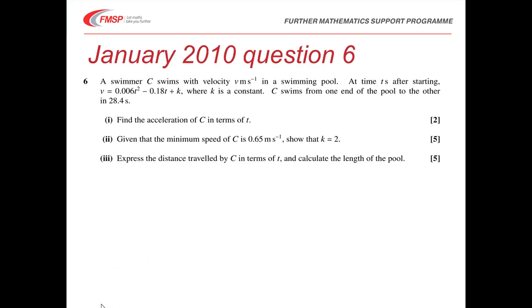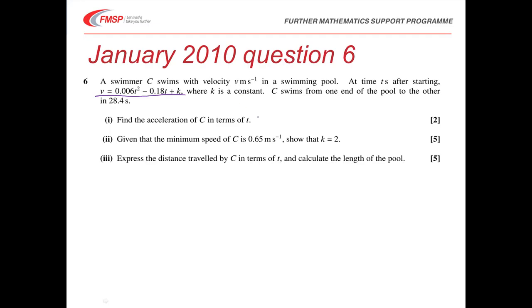Okay. Now we're going to look at two questions which involve the other aspect that was important, integration and differentiation. And now we've got this. A swimmer swims with velocity v, and we have this expression for their velocity, where k is a constant we haven't yet found.